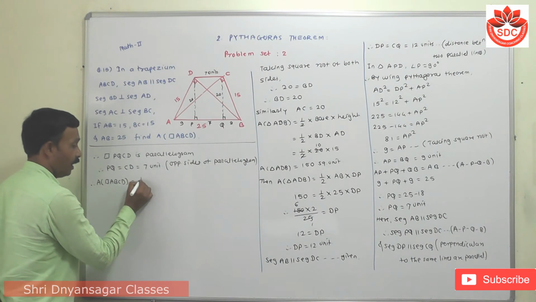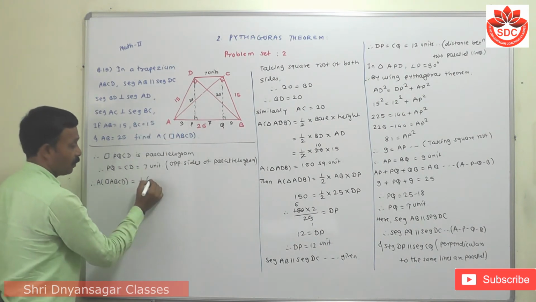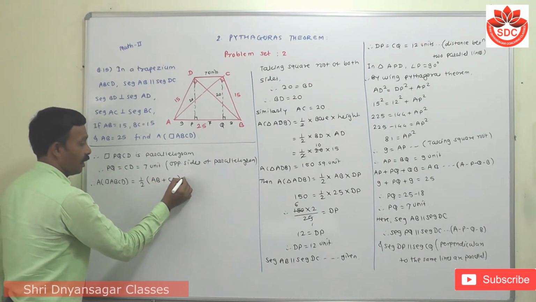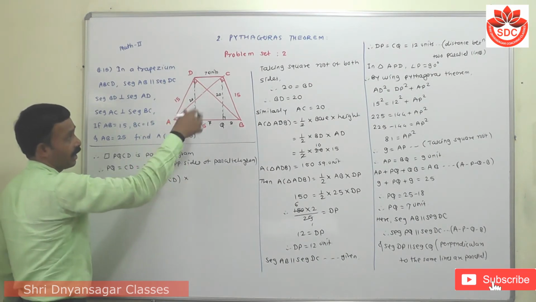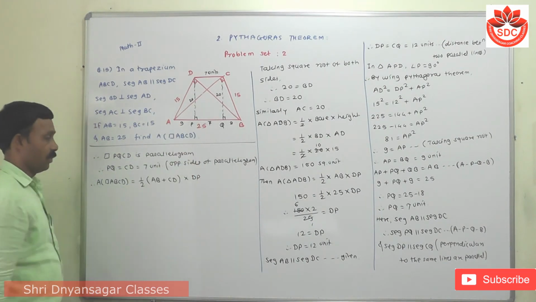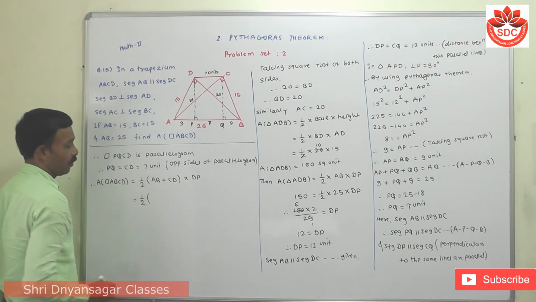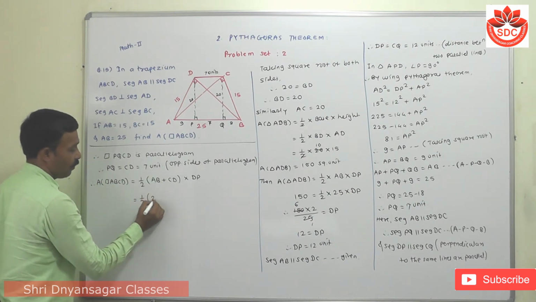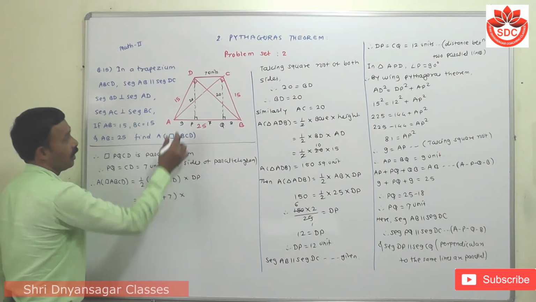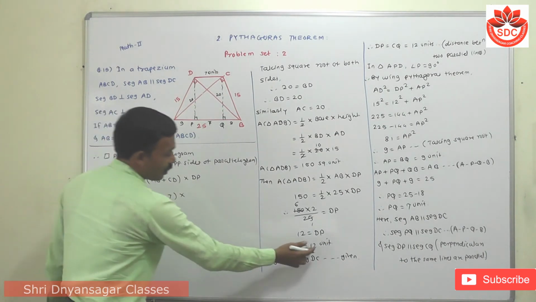So we take half into sum of the lengths of its parallel sides, means AB plus CD into its height. We take any one height, DP or CQ. Substitute these values, means half into AB is how much? 25 plus CD is 7 into DP. We have to calculate it here. What is the value of DP? It is 12.